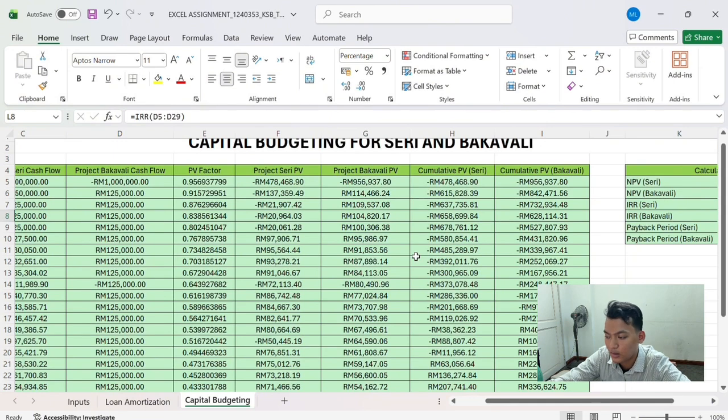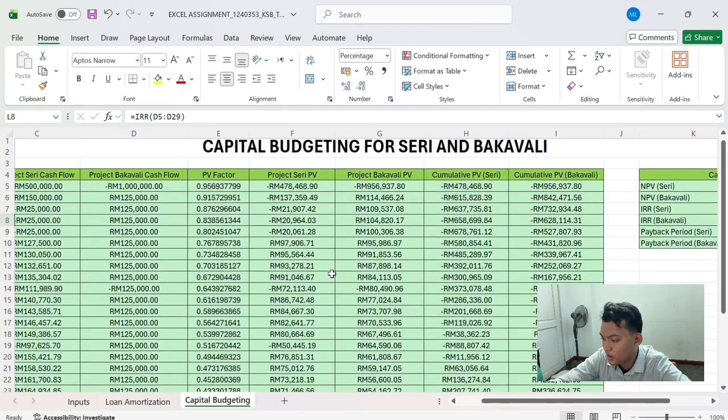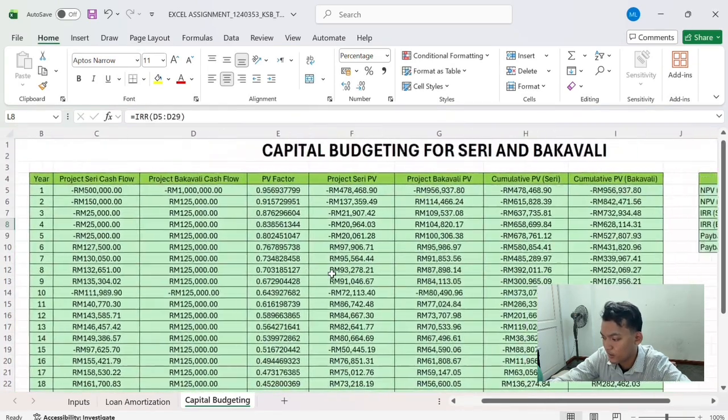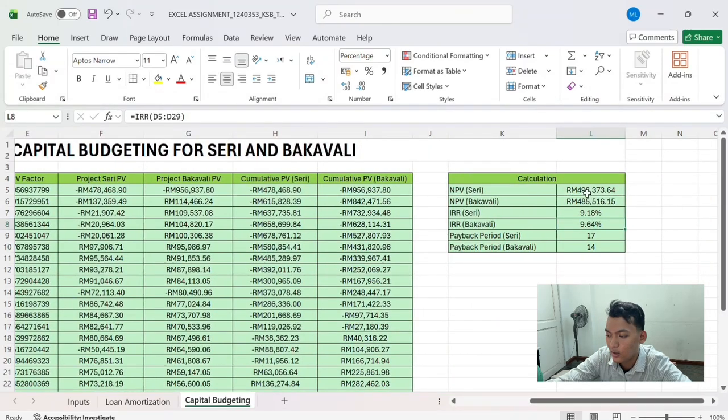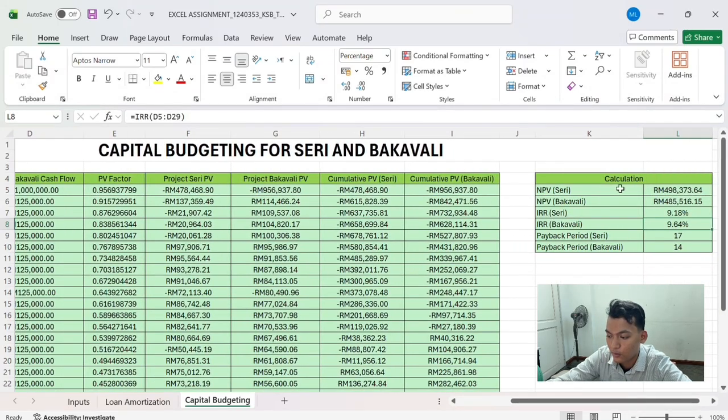So the next question is, the corporation has established an internal target for the rate of return at 4.5% effective per annum for its investment. Calculate the net present value, NPV, of the projected cash flow for each project utilizing the target rate of return.